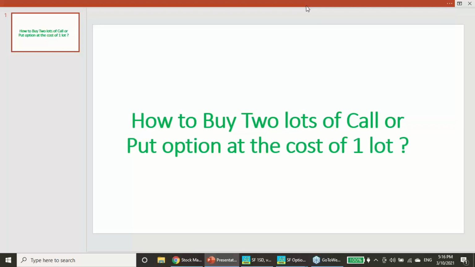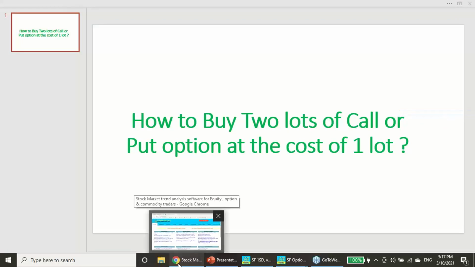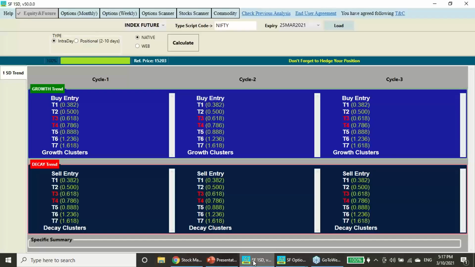This is possible if, instead of just buying a call option, you involve a part of a strategy. So I am going to form a strategy whose aim is to buy two lots of call option at the cost of one. By this process, your cost of call option comes down, and you can optimize your profit to 2 times. That is also one of the best benefits of this.